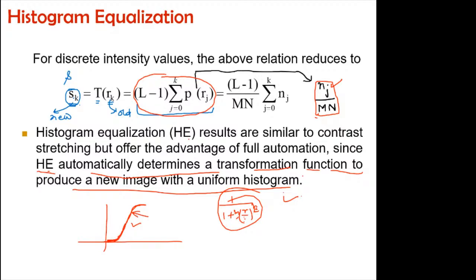But in case of histogram equalization, you need only one relation, and you need not remember or conclude the equation of this curve. This relation is enough, which always remains the same for all images. It doesn't change. So what he means is that it is easier to carry out histogram equalization.